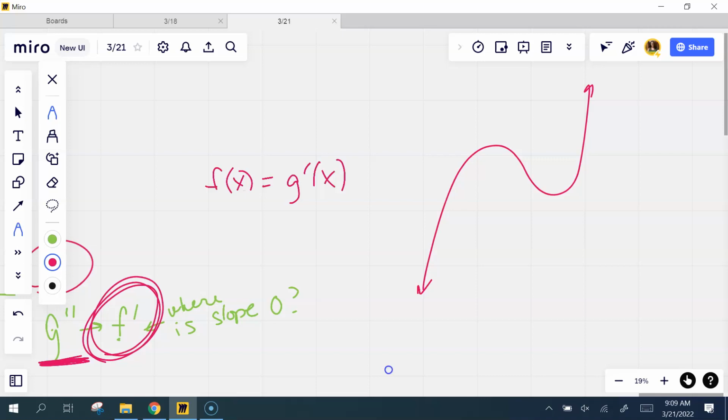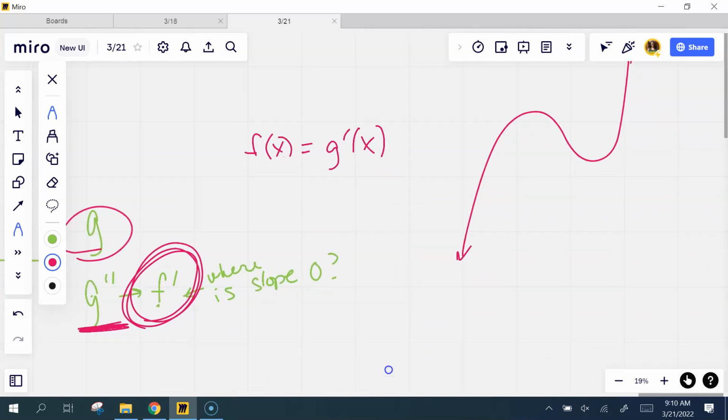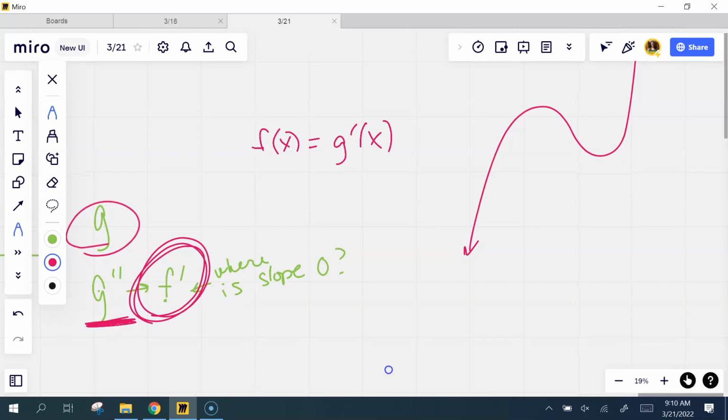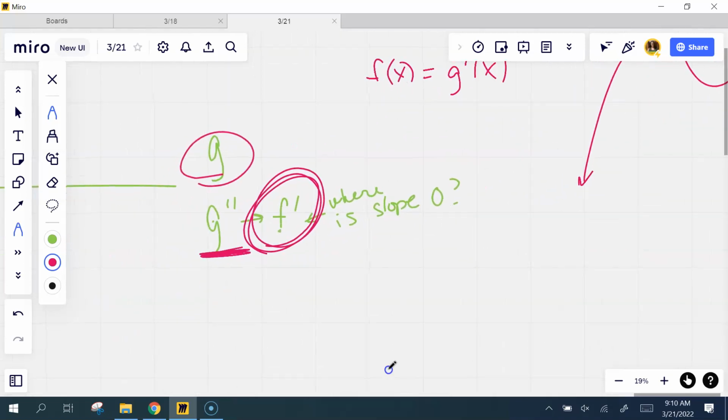If I give you just a graph and I say, where is the first derivative 0? What would you tell me? Because derivative is slope, right? Are you with me? So now I'm asking you, where is the second derivative 0?